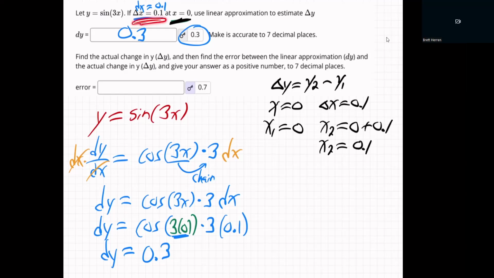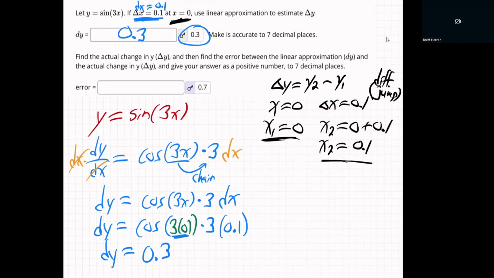Because again, delta x means the difference in x values. So from the first x value to the second x value, you've got to add 0.1. Since the first one was 0, the second one is just 0.1.